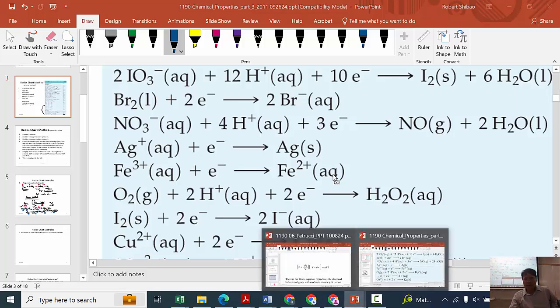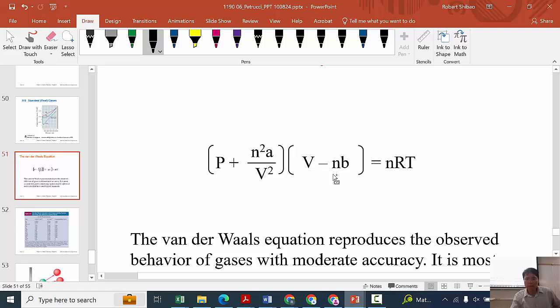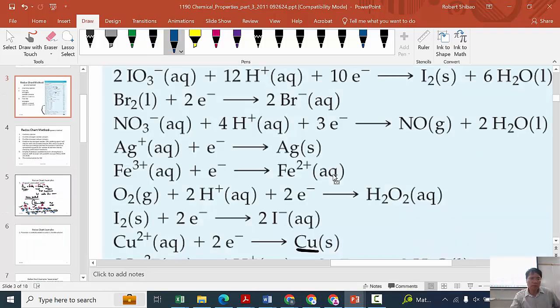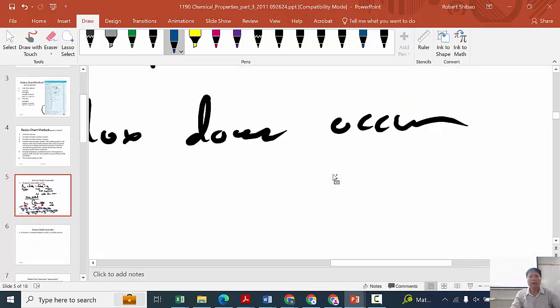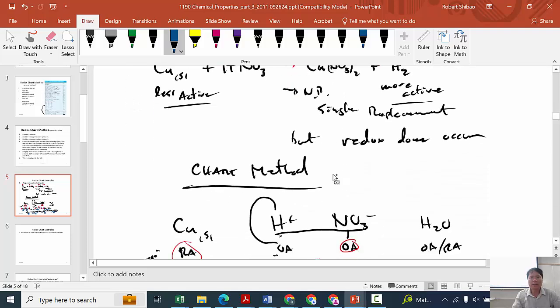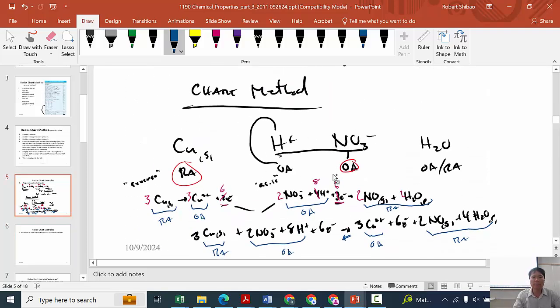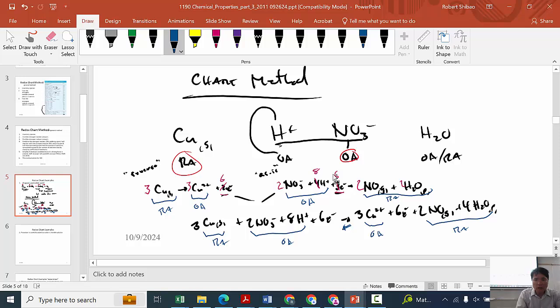So we go back over here. And we say that we're going from stronger oxidizer to weaker oxidizer, and that's our driving force here. Because of the conjugate relationship, the reducing agents have to be the same.